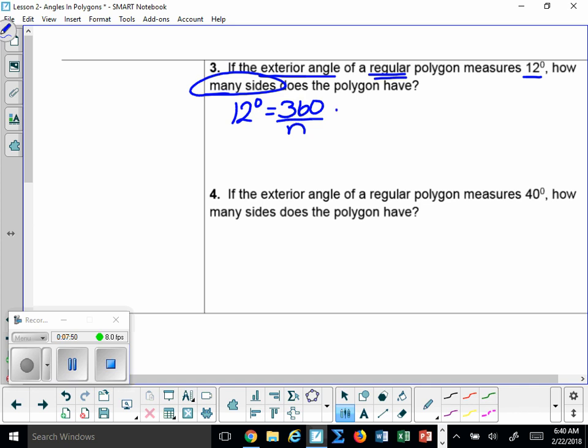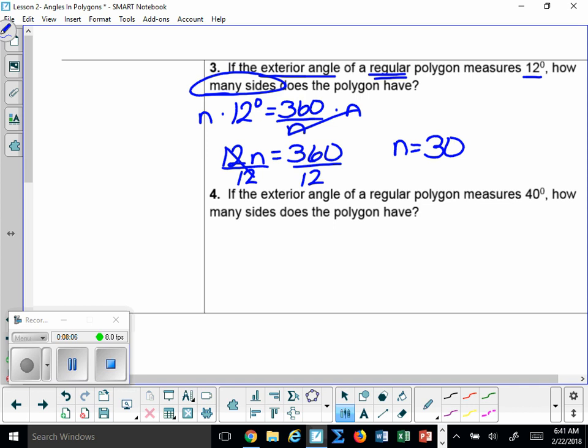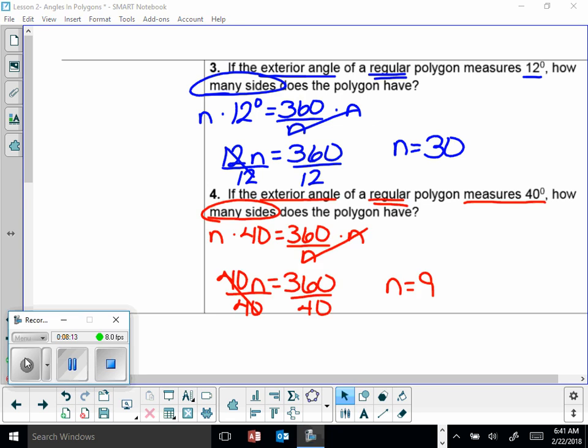I need to multiply both sides by n. So 12n equals 360. Divide by 12. So in this case, n is going to equal 30. Pause your video and try number 4. All right, check your work.